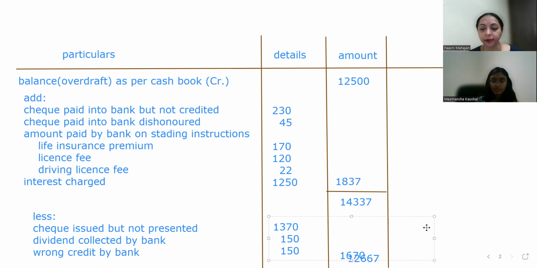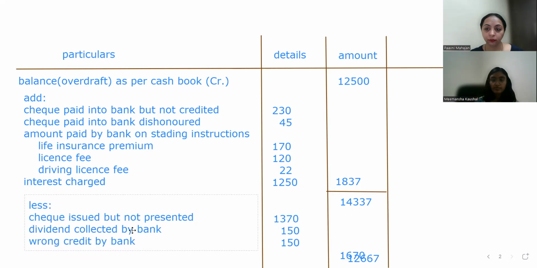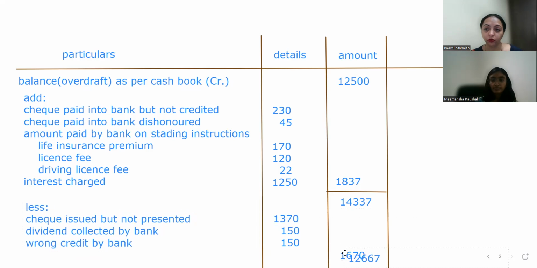Why is it an overdraft balance? Because 12,500 is minus, right? So that is the reason it will show overdraft only. Overdraft, then in bracket debit balance as per passbook.